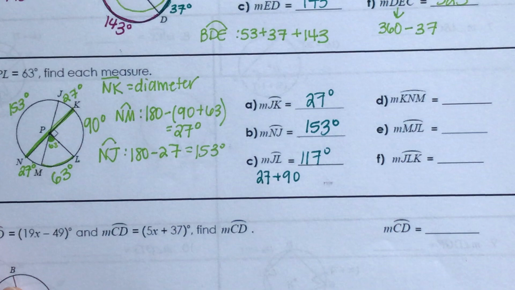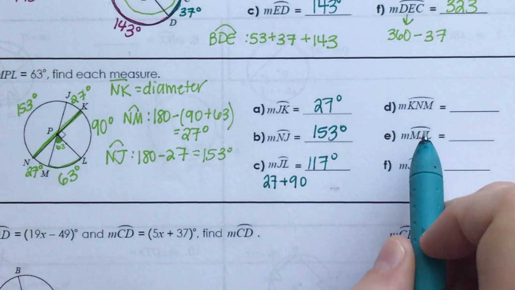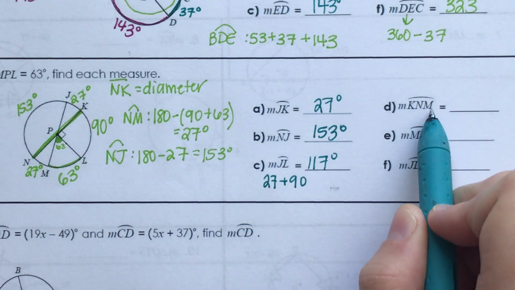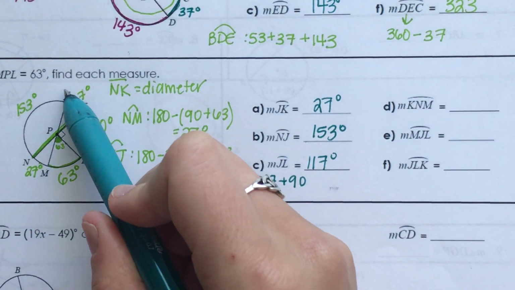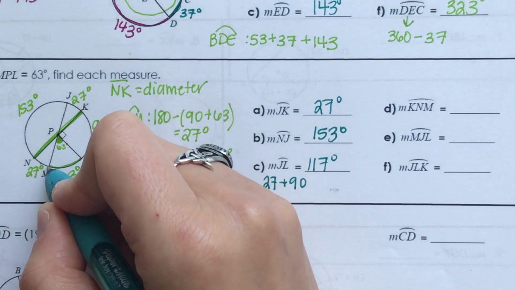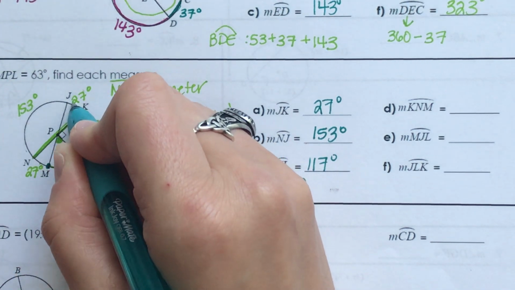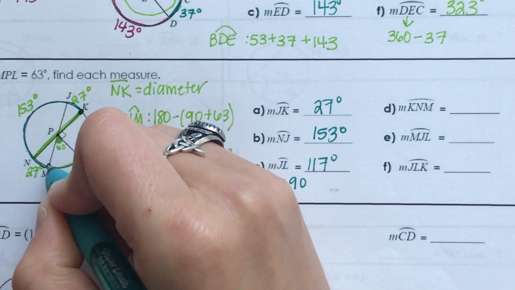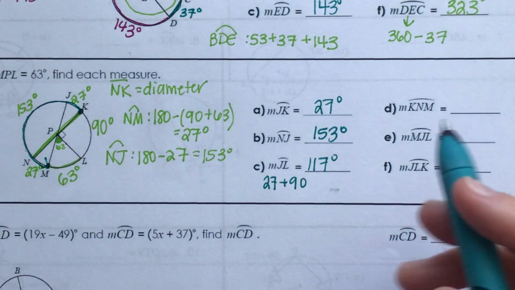Okay, next one asks for the measure of major arc, so it's going to be greater than 180, KNM. So start at K, go through N and M, end at M. So from here all the way around to here, I'm just going to add up everything together.